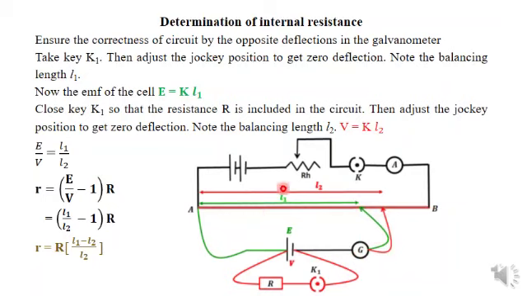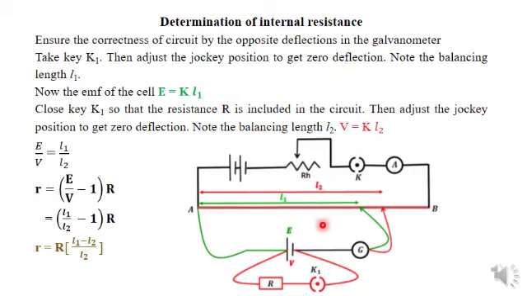Let it be L1. We know in open circuit when the galvanometer shows null deflection, the EMF of a cell is proportional to the corresponding balancing length. That is E proportional to L1 or E equals K into L1.